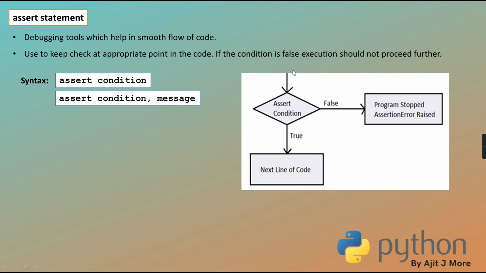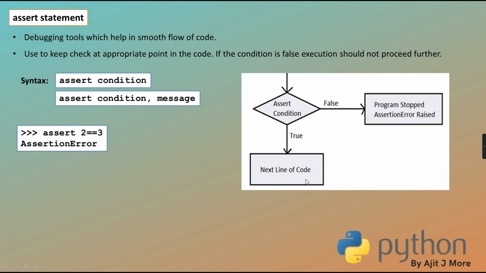So it will test this assert condition. If the condition is false, execution is stopped and assertion error is raised. But if the condition is true, it will allow you to run the next line of code, whatever the next code is.